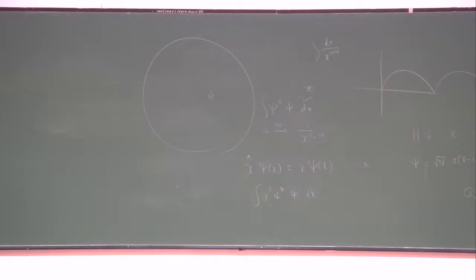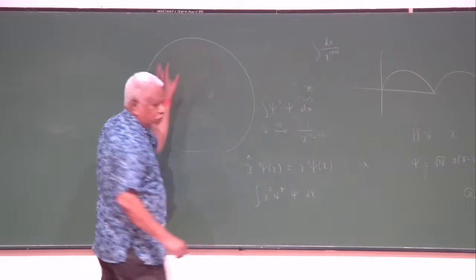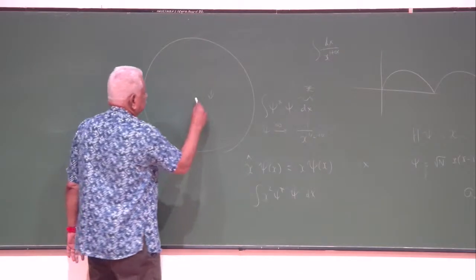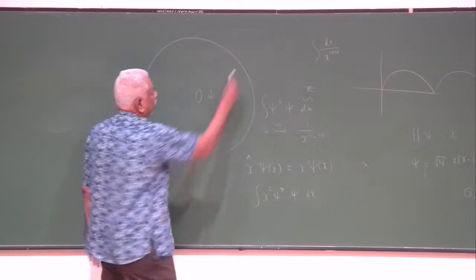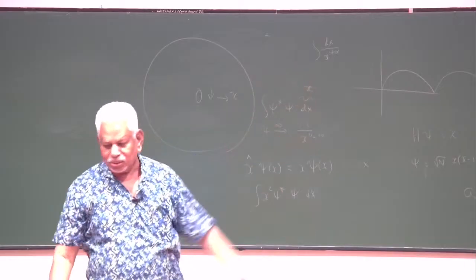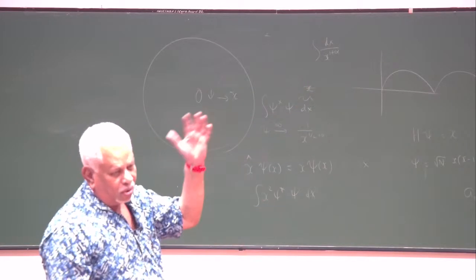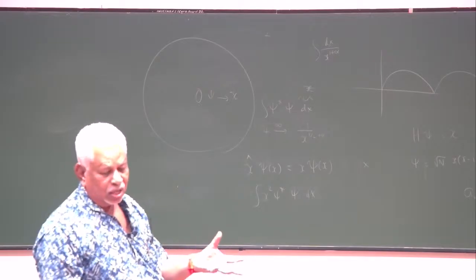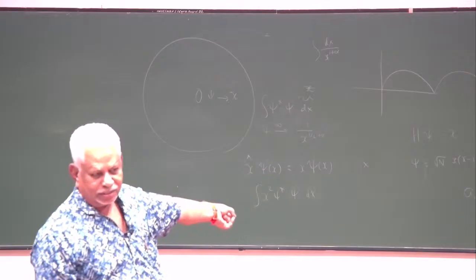You act on some vector, it goes to some other vector chi, but that chi is outside the space of square integrable functions. That is why we want to act only on a subset of square integrable functions on which this operator can act.